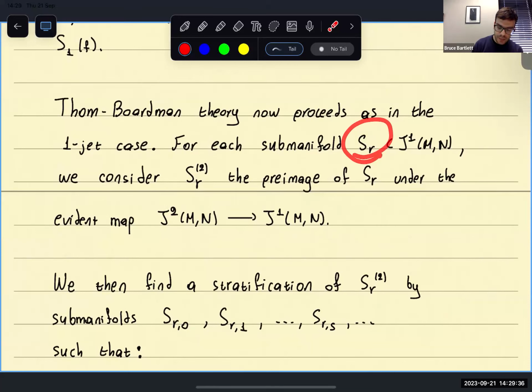For each of these submanifolds S_r in J^1(M,N), I want to pull them back to the second jet space. So I have this map from the second jet space to the first jet space that just forgets the 2-jet information and only keeps track of the 1-jet information.